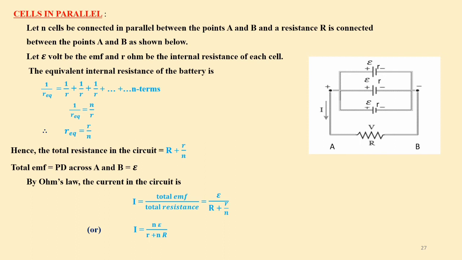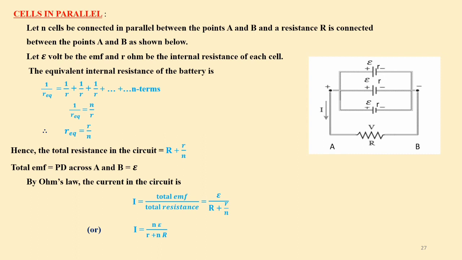The equivalent internal resistance of the battery is given by 1 by r equivalent is equal to 1 by r plus 1 by r plus 1 by r up to n number of terms. So that will be 1 by r equivalent is equal to n by r. Taking reciprocals, therefore r equivalent is equal to small r by n.